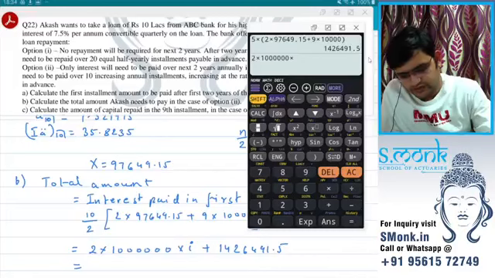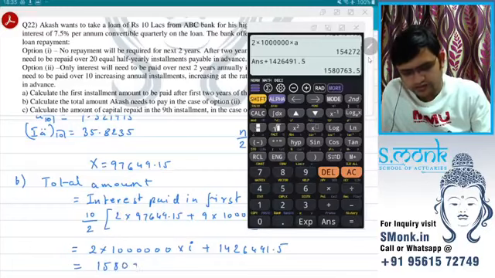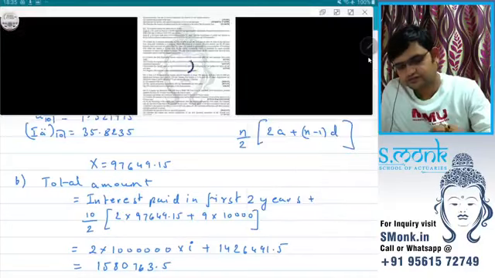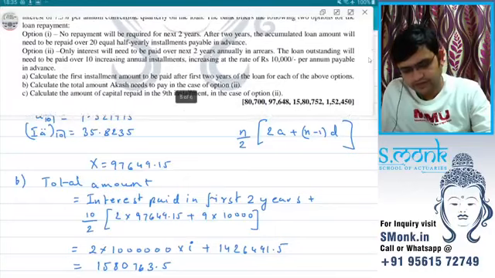Rate of interest was this much plus 1449. So the total payment. Right, nearly same.